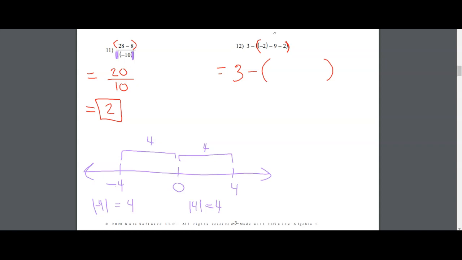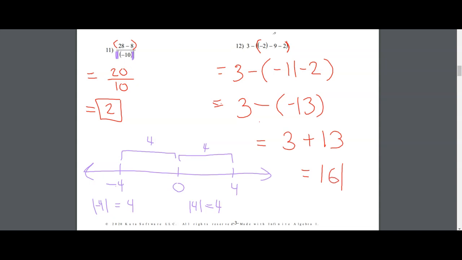So negative 2 minus 9 is negative 11, minus 2. Simplify inside of my parentheses again, so negative 11 minus 2 is negative 13. Then I'm doing 3 minus negative 13. So I'm really just adding 13 to 3. So I get 3 plus 13, which is equal to 16.